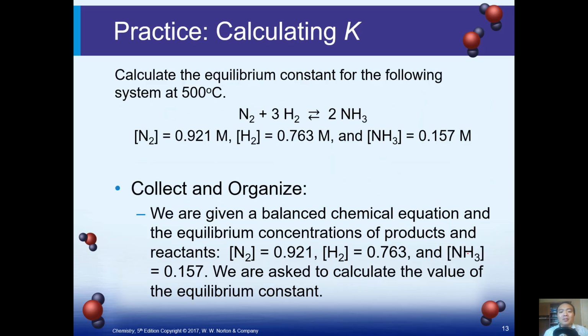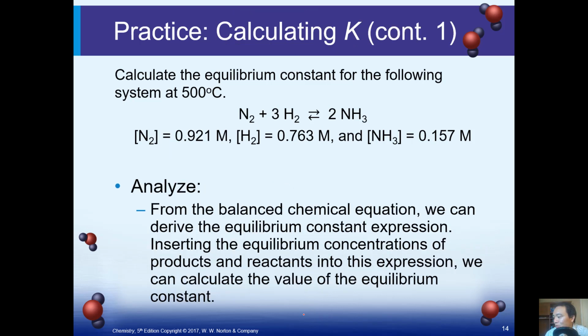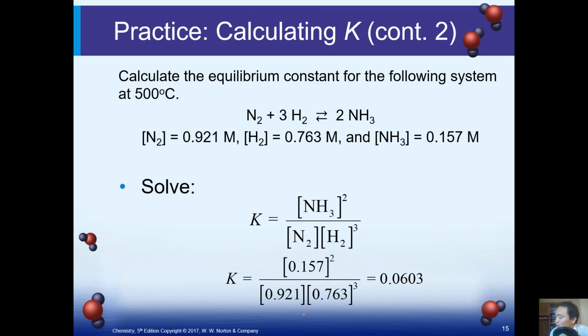If the equilibrium concentrations or partial pressures are given, it's quite straightforward to calculate the equilibrium constant. Given the concentrations at equilibrium, it tells you that these are at equilibrium already. So if they are at equilibrium, you can simply do the K calculation according to the law of mass action, according to the definition of K. So let's substitute the numbers in. Then you do the calculation.